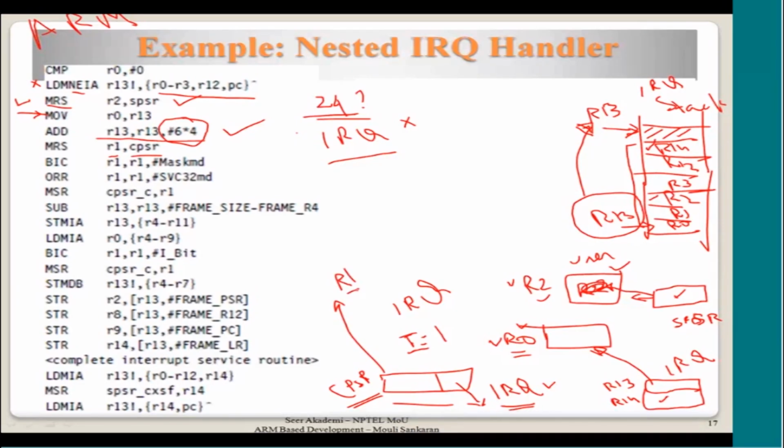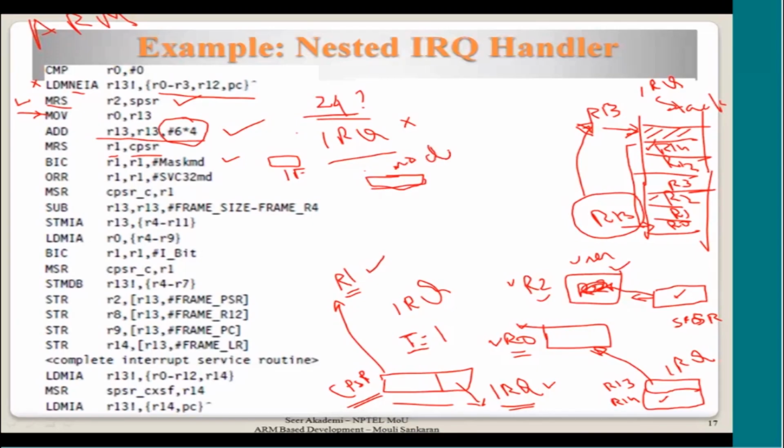We can copy into R1 because the old value of R1 is safe. No problem, we can overwrite R1. Then R1 is masked with the lower 5 bits. We are only interested in changing the lower mode bits of the CPSR.